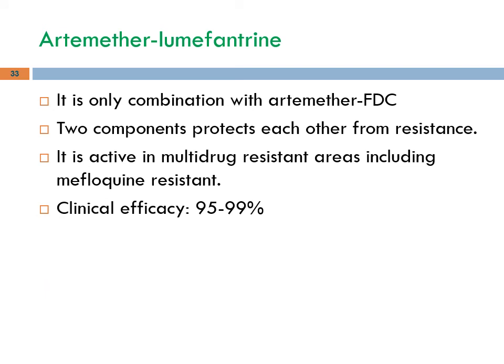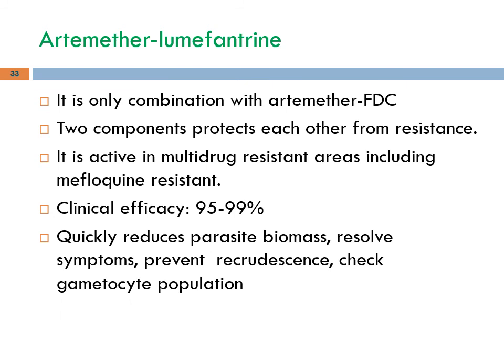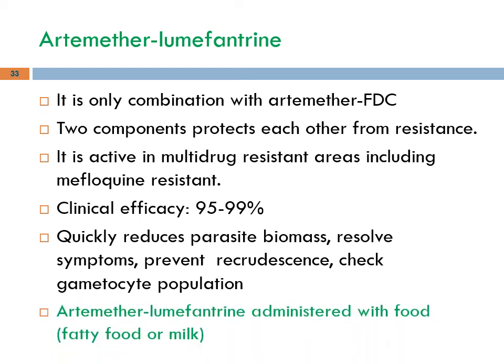Its clinical efficacy has been proved to be about 95 to 99%. It quickly reduces parasite biomass, resolves symptoms, prevents recrudescence, and checks the gametocyte population. The combination is administered with food, that means fatty food or milk, which increases the absorption of lumefantrine and achieves the desirable plasma concentration of the drug.